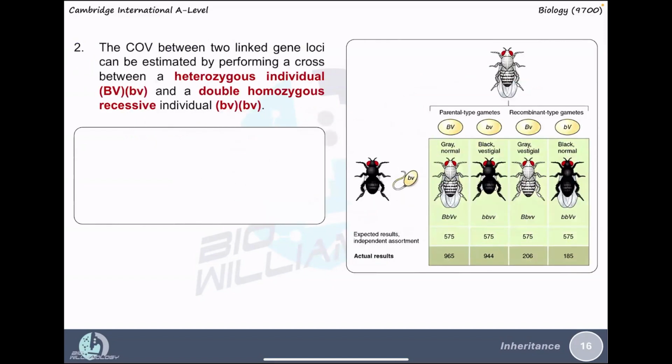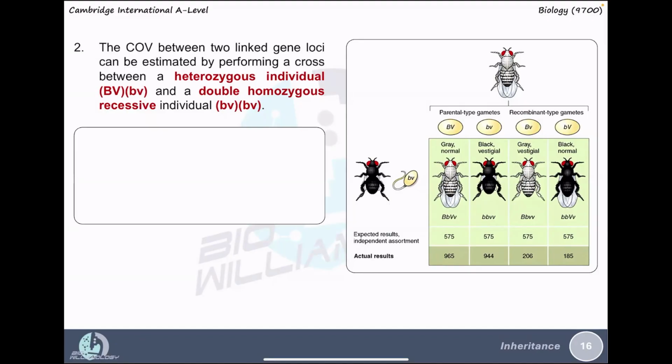So come back to these diagrams again, we can see that the gray body, normal wing, and the dark or ebony body, vestigial wing, those are parental types, due to the parental gametes.